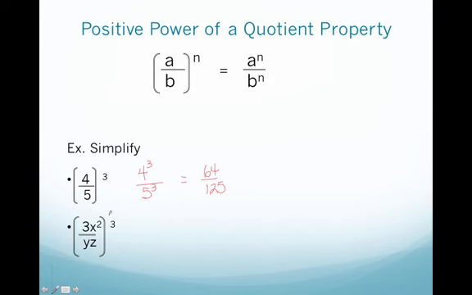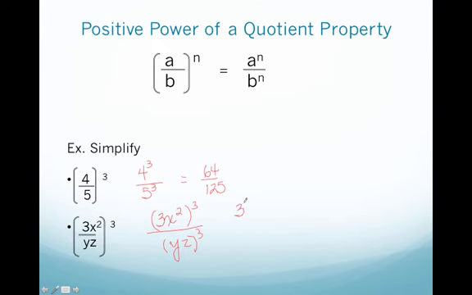And this next one, okay, so I got a couple things going on here. I'm going to distribute that cube, that power of 3, but I've also got a power inside my parentheses. So remember, I'm going to have to distribute that to everything. So I'm going to break this up: 3x squared, all raised to the 3rd power, over yz raised to the 3rd power. So now I'm going to distribute that cubed.